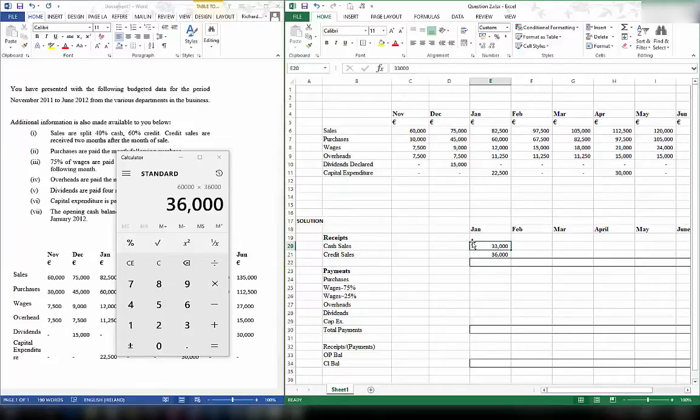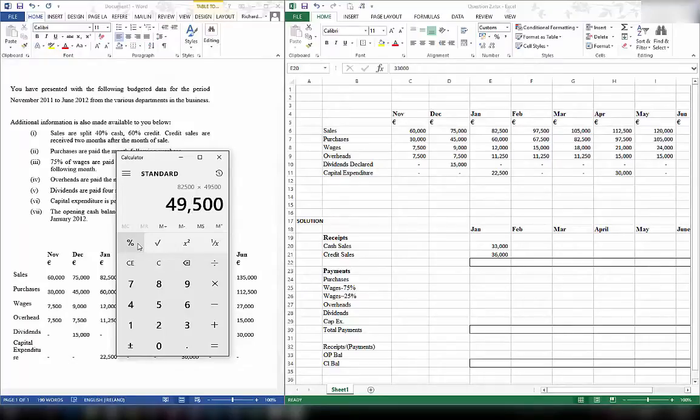Now let's go back to January again. In January we had 33,000 of cash sales. That also means that we had 82,500 by 60% credit sales, so we had 49,500 attributable to credit sales from January.